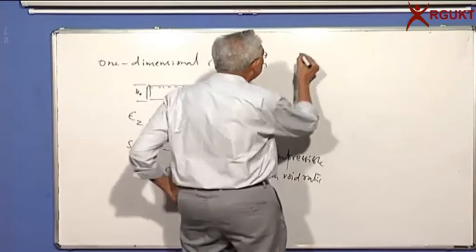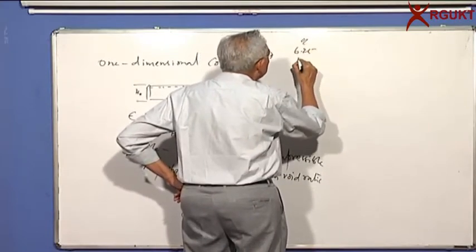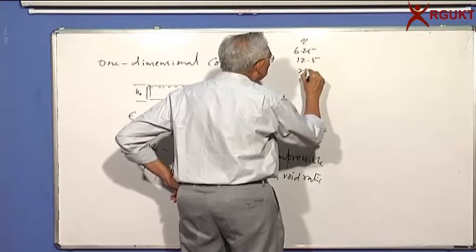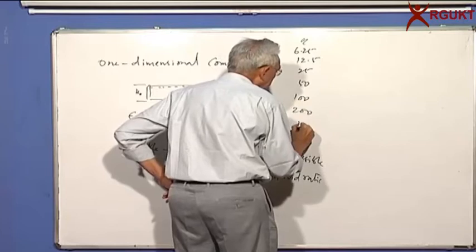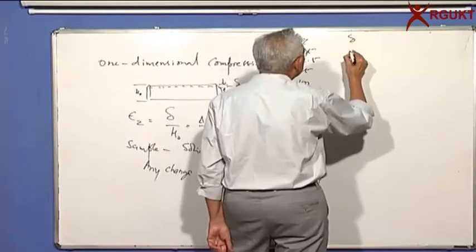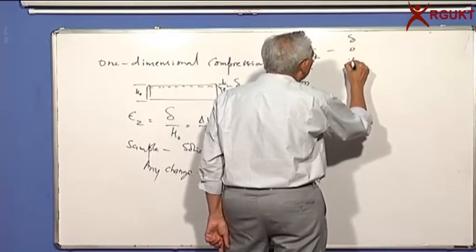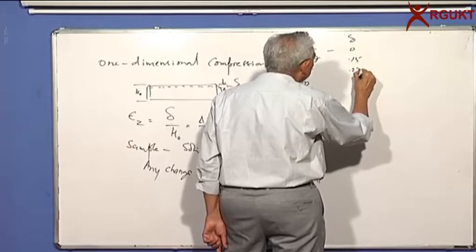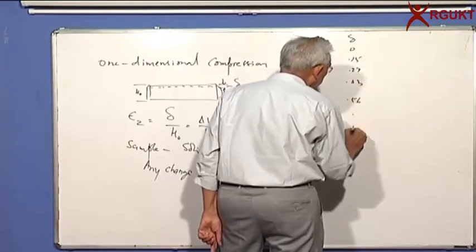So let us say under the load, 6.25, 12.5, 25, 50, 100, 200, 400, etc. you will have delta. I'm starting with 0, let's say some 0.15 millimeters to 7.43, 0.56, something like this.